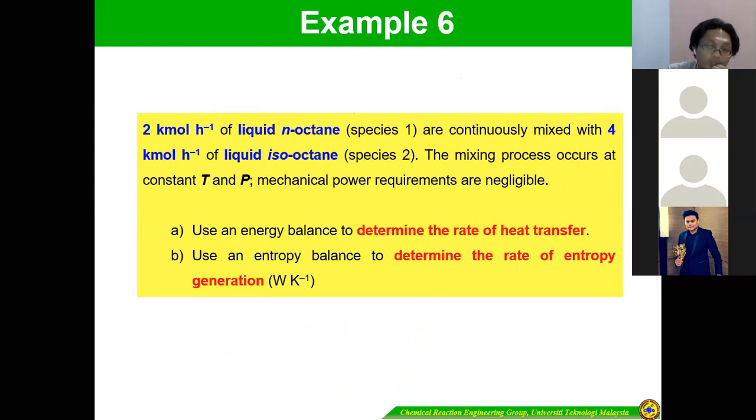I'm not sure, because we have to construct a graph to determine the gamma i. That is the first method. The second method, we don't have to use graph paper, just directly use the equation to determine the gamma, and then the application in chapter 10. Any questions?